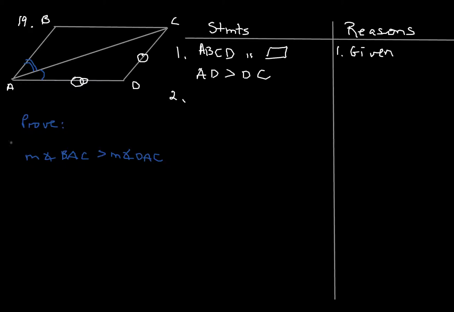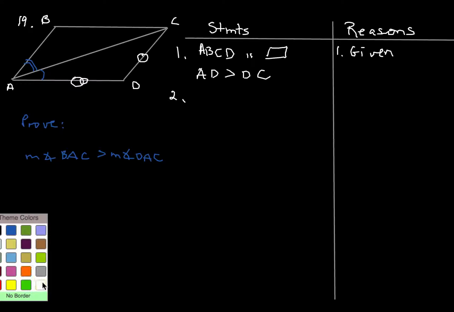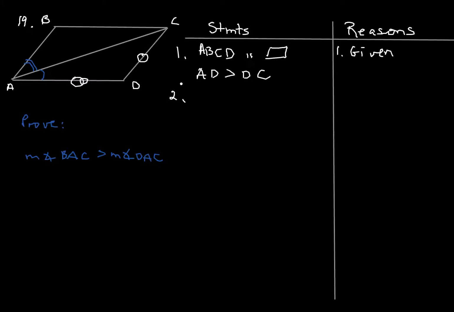All right, let's see how we do this guy. So we can say that angle BAC is congruent to angle ACD. These two guys are congruent because they're alternate, if these two lines are parallel.